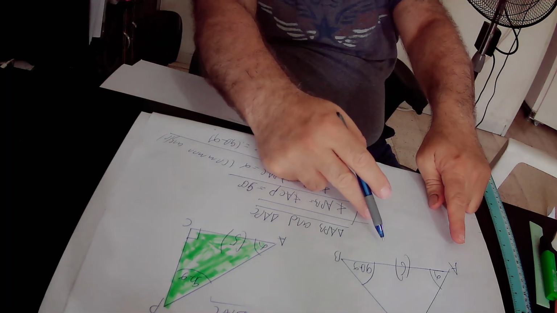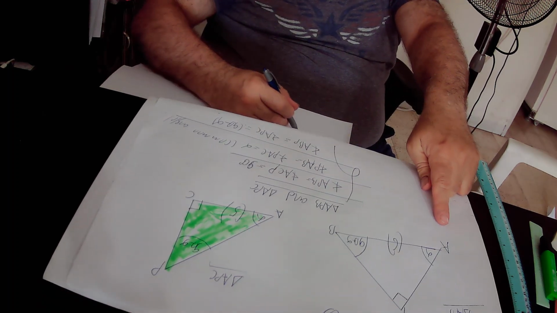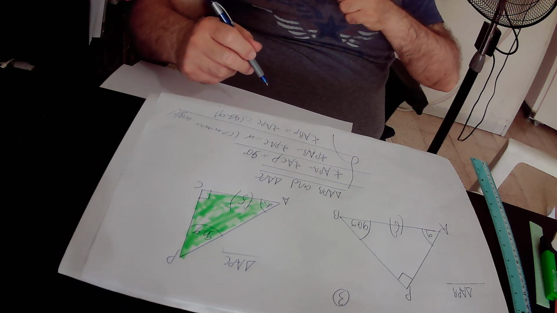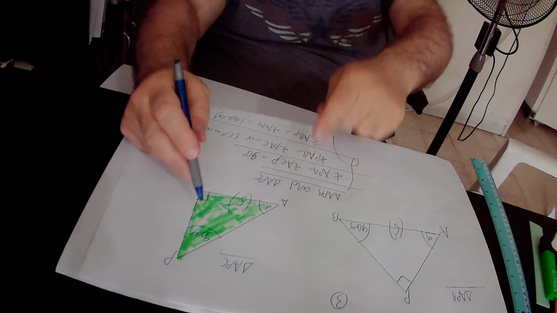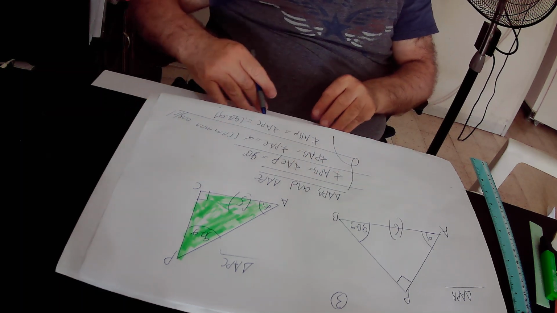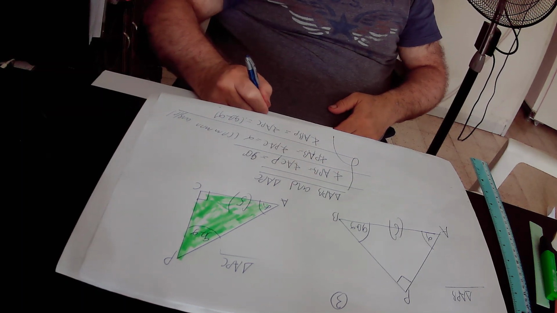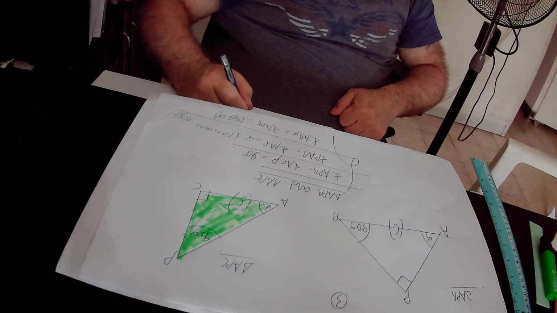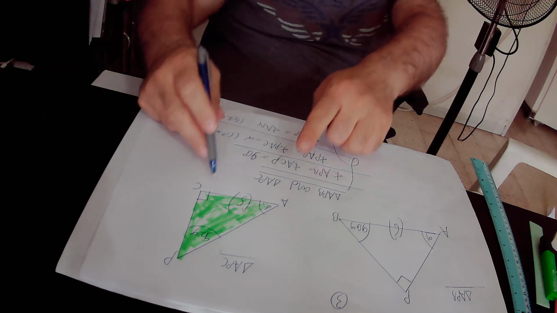AB equals 6 over AP. AP is the missing side, so we leave it as it is. And it equals AP over AC. AC is 5.